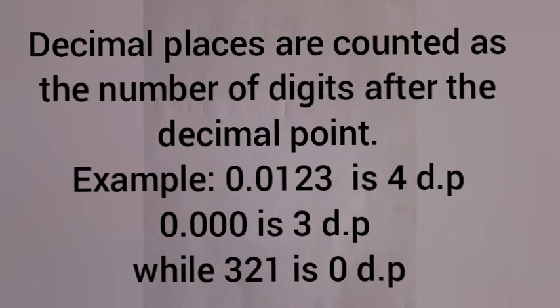While 321 is 0 decimal places, because there is no decimal point in this last number, 321. For the fact that there is no decimal point in it, it is 0 decimal places.